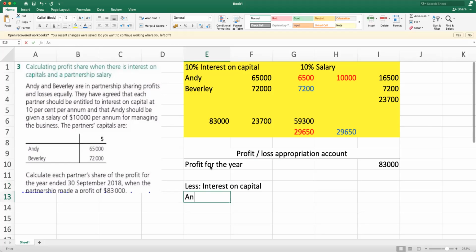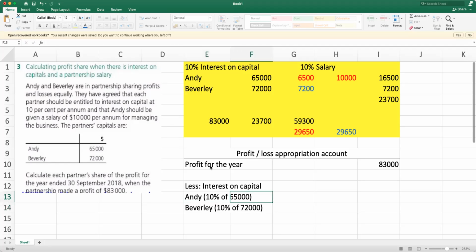Interest on capital: Andy, we get 10% of 65,000. Beverly, 10% of 72,000. 6,500 and 7,200.